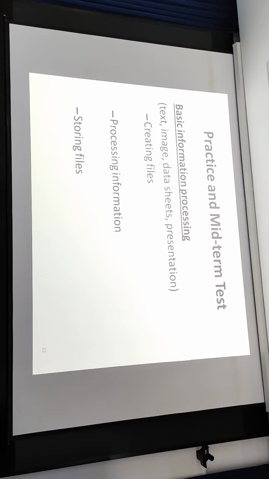You have the lectures with theoretical questions, you have practice, and you will do the basic tasks of information processing: creating text, image, data sheet, presentation, creating files, processing information, and storing files. This is very basic. I once again emphasize that we learn just very basic things, but we need to do it in a proper, correct way.